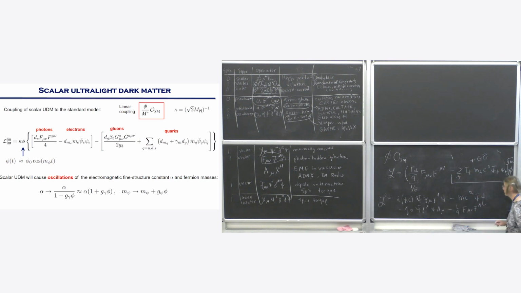Comparing those two terms, it's obvious what happens to the mass, right? You can put those two terms together, let's say for the electrons, and you can see that the mass just gets adjusted by an additional oscillating term.